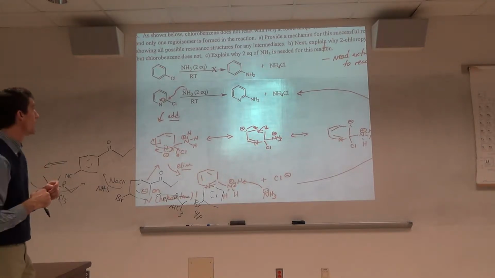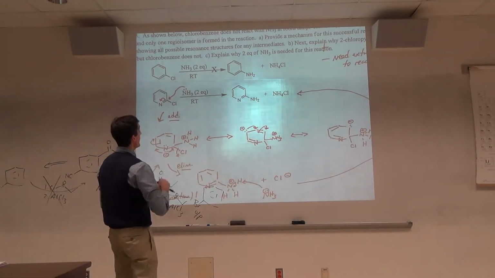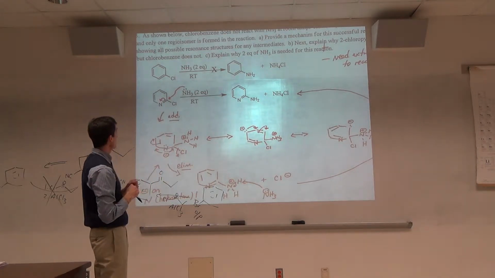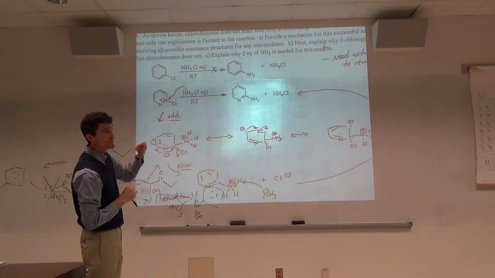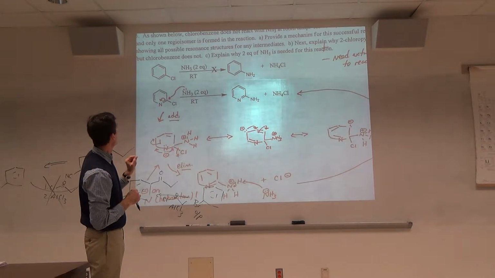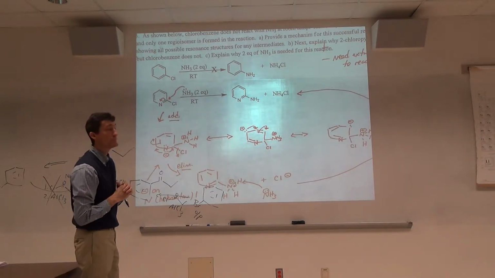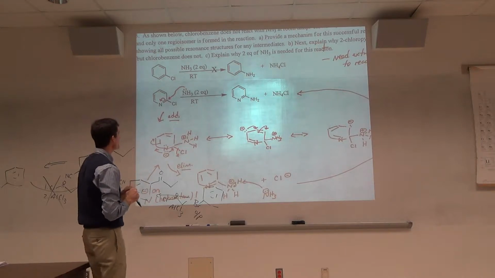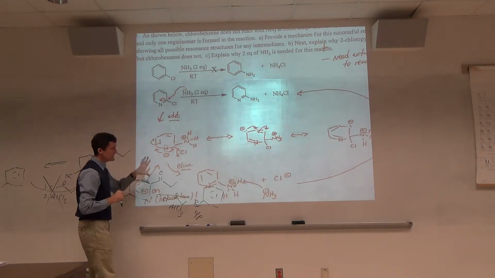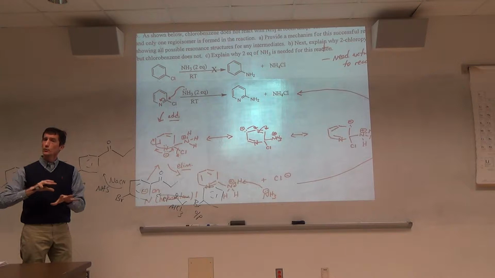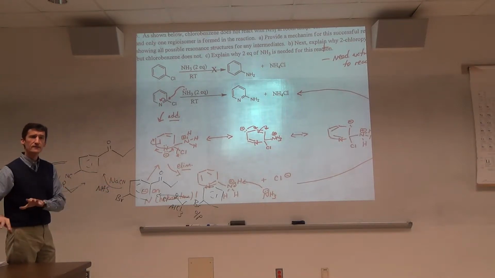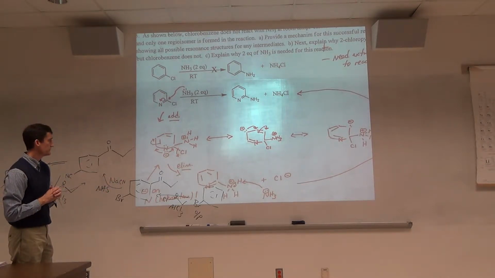NAS or benzyne. Now in the information it said that, first off, chlorobenzene doesn't react. It also said that only one regioisomer is formed. Now we haven't quite got there yet. This is basically leading us into reviewing this chemistry and into what we're about to talk about.